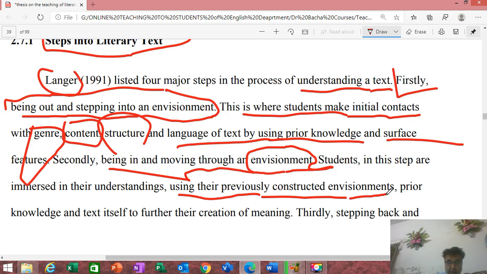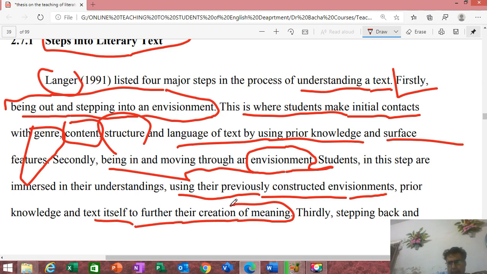Envisionments mean understanding. You have to construct a kind of envisionment, using prior knowledge and the text itself to further their creation of meaning. You already have some knowledge from beforehand, and in the envisionment it can improve.